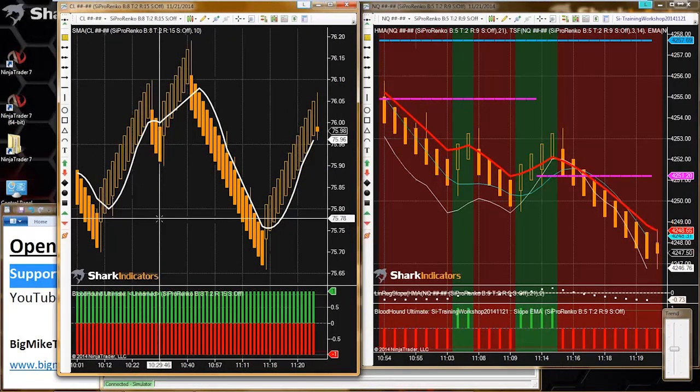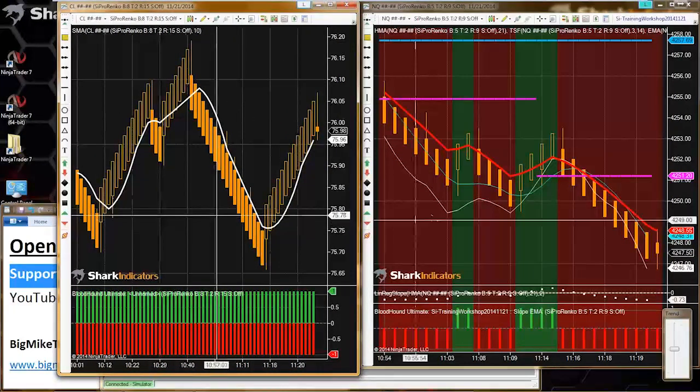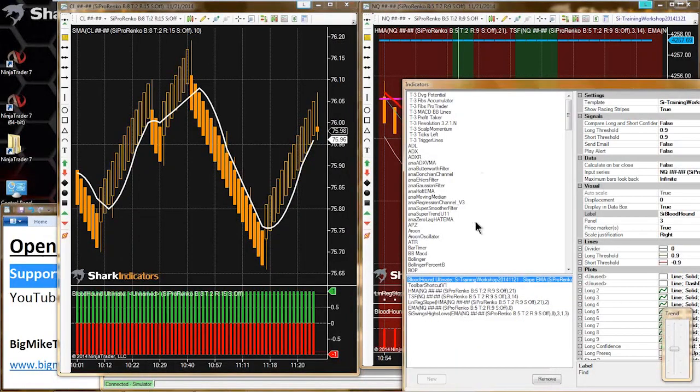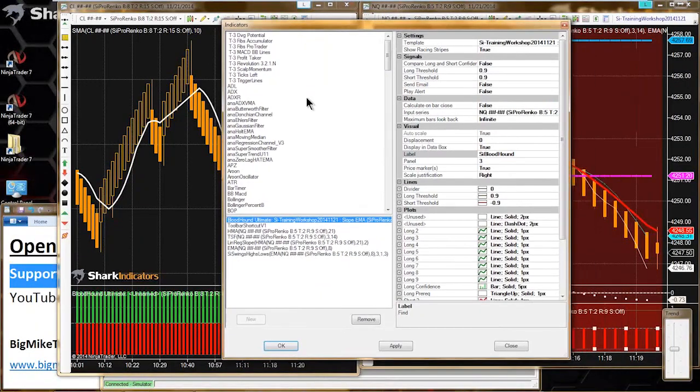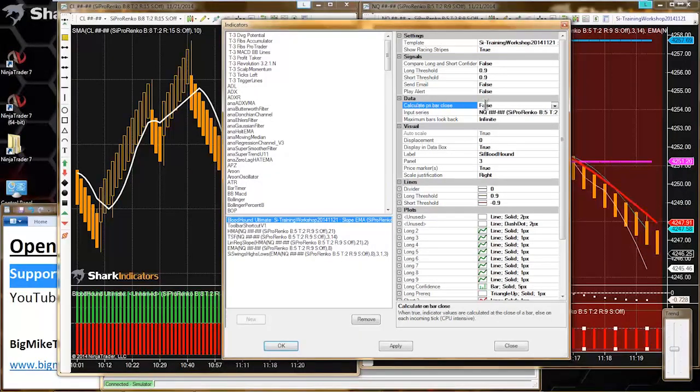So, one thing I should mention as well, going back to this calculate on bar close false setting. If you need to run BloodHound with COBC, I call this COBC for short. If COBC needs to be set to false, you can't backtest an indicator that needs to run with COBC false, right?